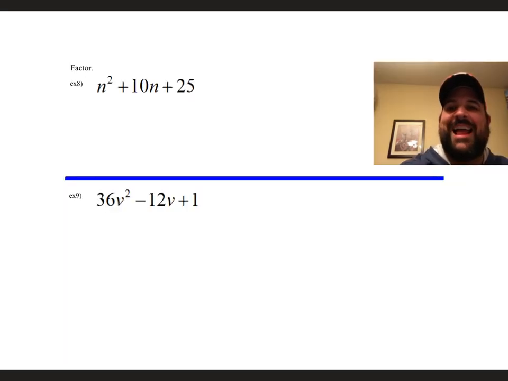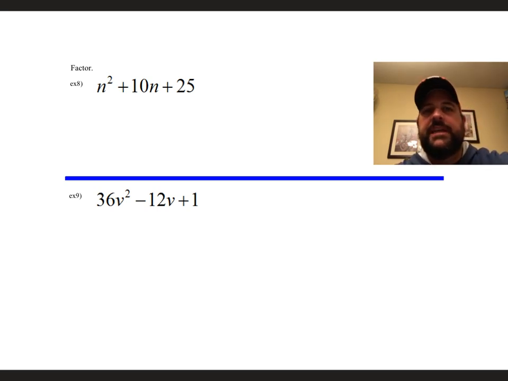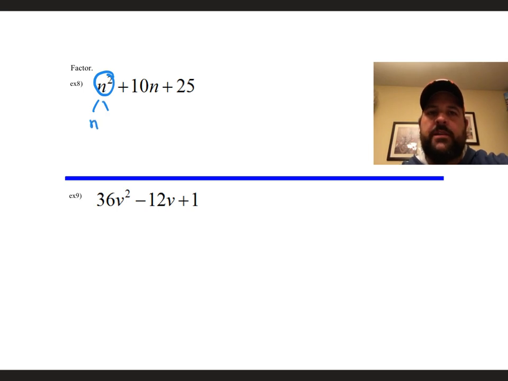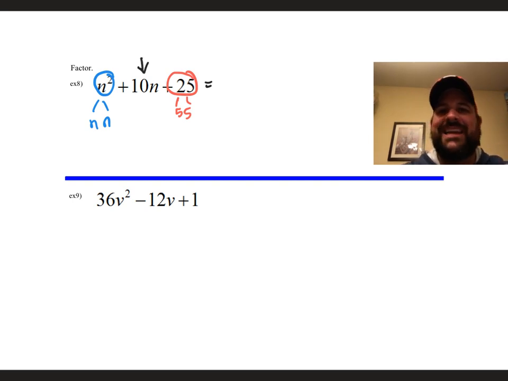Here in example 8, I have that answer from the previous example. What I should notice is that my first term is a perfect square. It's n times n. I should notice that my last term is a perfect square. It's 5 times 5. And in this case, I don't want to use opposite signs in my parentheses, because what I should end up with for the middle term is 10n. That's going to come from the outside plus the inside multiplications.